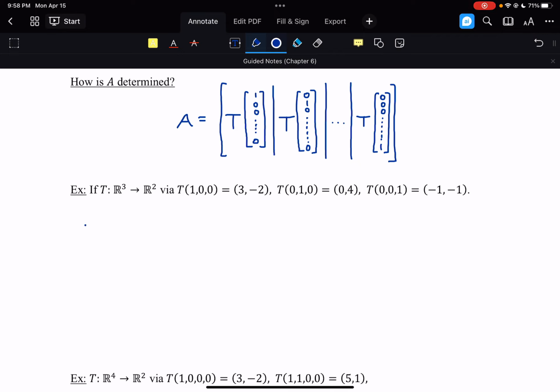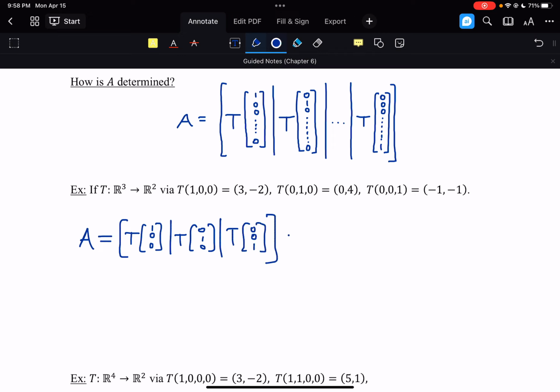So our matrix in the matrix transformation would be the transformation of 1, 0, 0 with the transformation of 0, 1, 0 with the transformation of 0, 0, 1. So that's just going to be 3, negative 2, 0, 4, negative 1, negative 1.